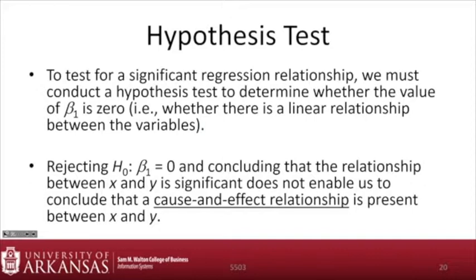So to test if we have a significant linear relationship, a start to a good model, we need our slope to be significantly different from 0. Our null hypothesis is that our slope is 0. When we reject it, that means we have a slope. So there is a linear relationship.